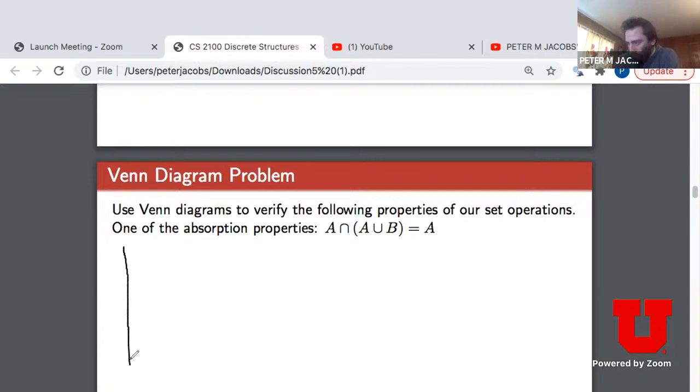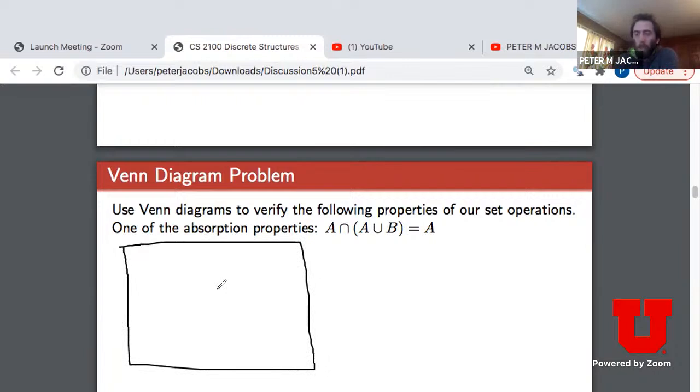So let's make a box, and then we're going to have two sets, A and B, inside the box. The box is our universe. That's the box, and we have a set A in the universe, and another set B.